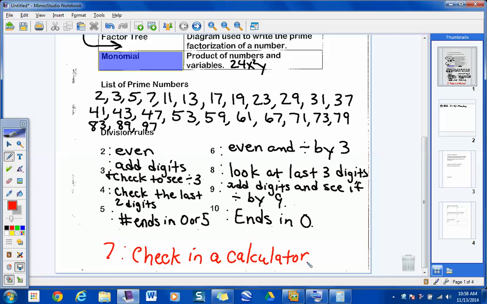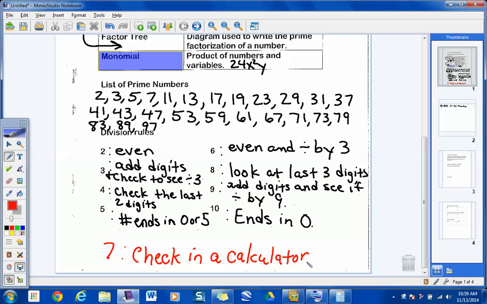Well, add these up. When you add these up, that adds up to 15. Does 3 go into 15? Yeah, right? So it's an even number that is divisible by 3, therefore what must divide into that? 6. Okay? It's just going to take some practice. We'll get there. Don't panic now. Just have the rules down for now.